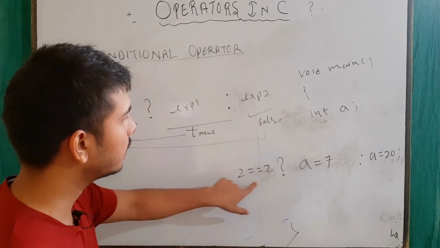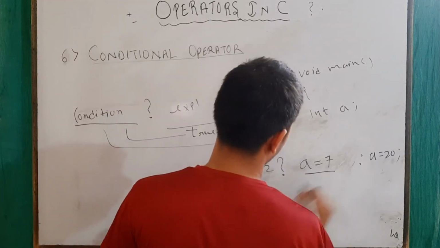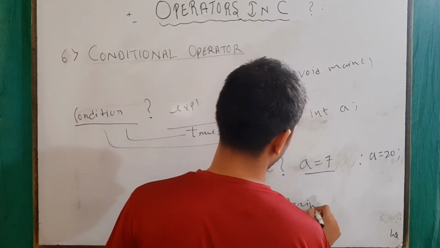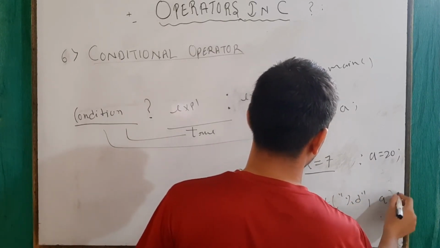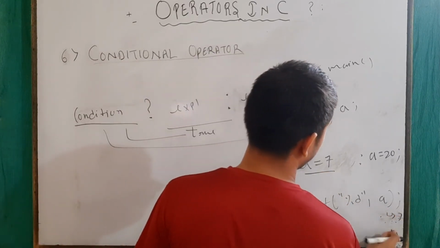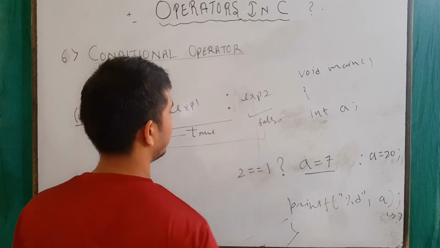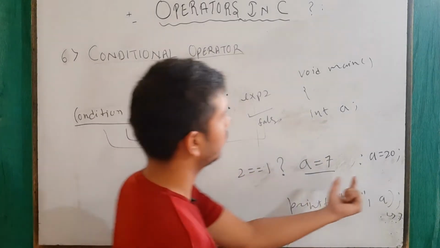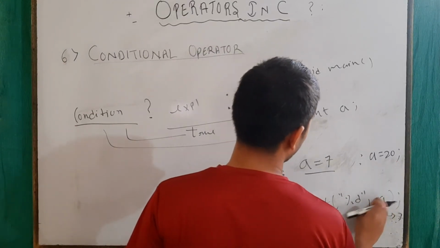Now is this condition true? Yes, it is true. So which statement will take place? This one. And if I do here printf of %d a, now the value of a will become 7 and the output will be 7, right? Now if I say 2 is equal to 1, this condition is false, right? So this statement will take place and a will be assigned 20 and our output will become 20.